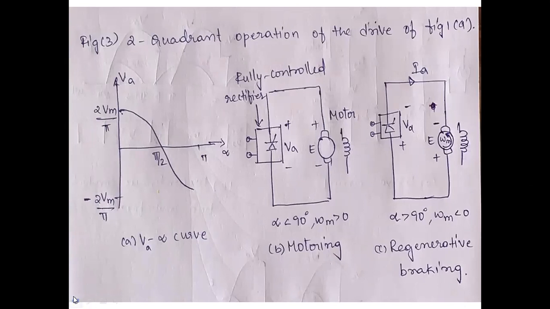Actually in the first drive there is no possibility, only in this one there is possibility. This is a single phase fully controlled rectifier control of a DC separately excited machine. We have to analyze it practically and also theoretically.